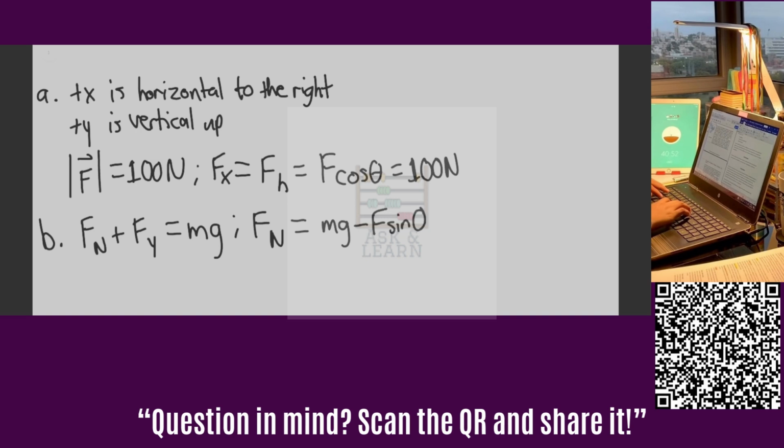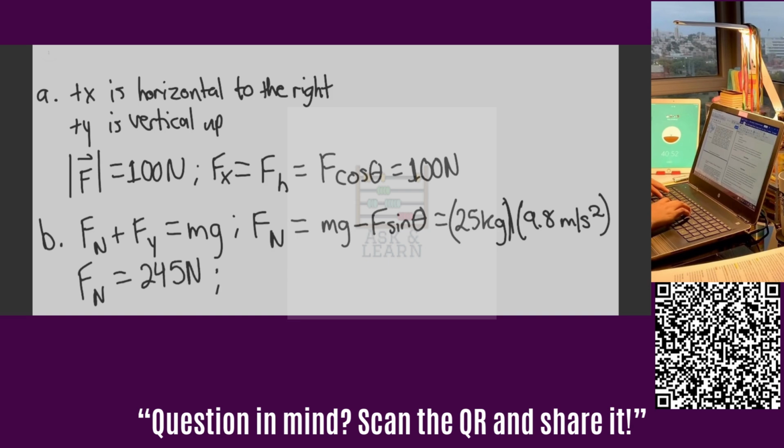However, here we have a mass of 25 kilograms, so we can actually just multiply 25 kilograms times the acceleration due to gravity. And we find that the force normal in part B is 245 newtons, given that theta equals 0 degrees. If theta equals 0 degrees, we can eliminate this term. And of course, again, the force normal would simply equal the weight.